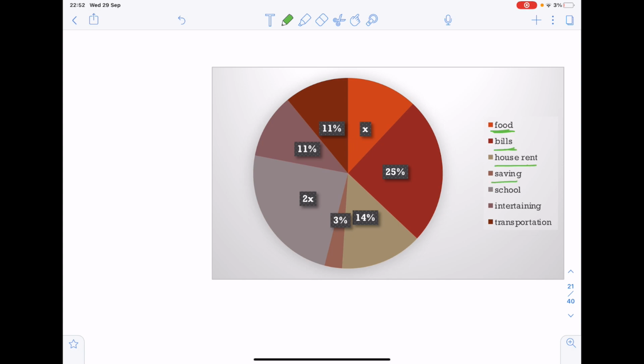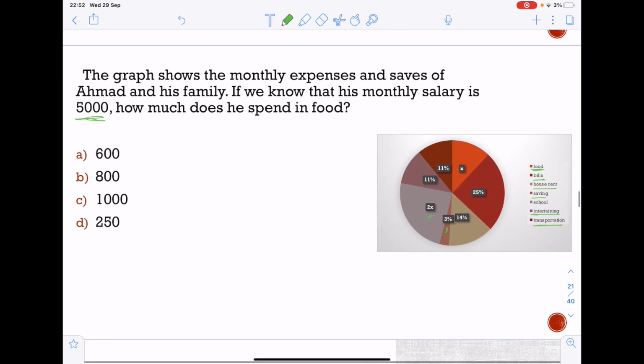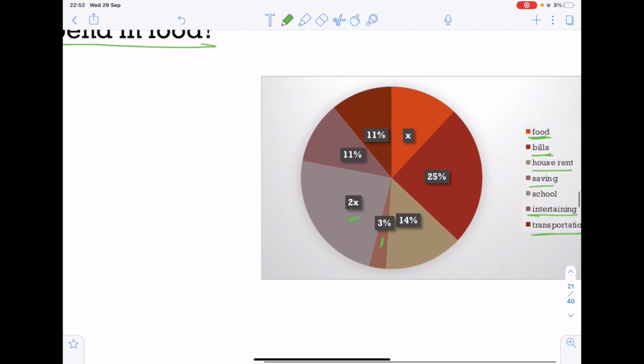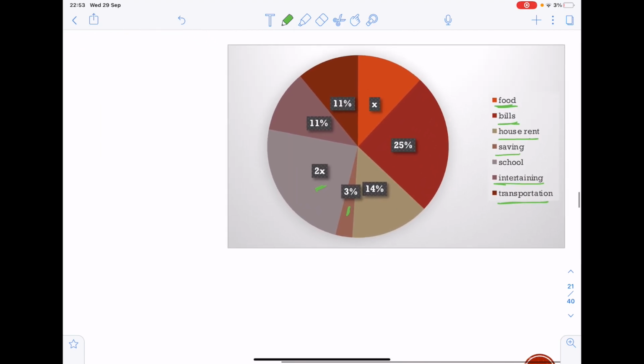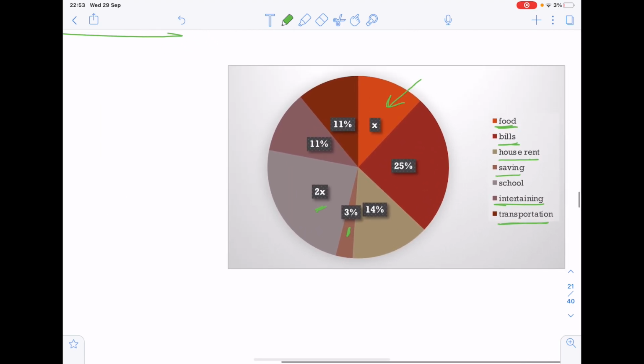Here we have school, this color is for entertainment, and this is for transportation. So let's see how much he spends on food. We want food, which is this one, x.